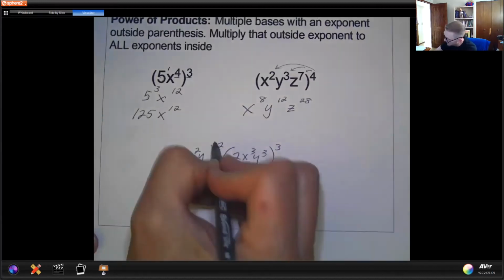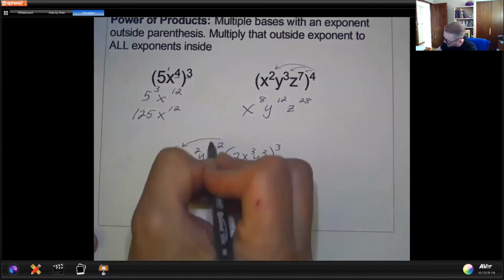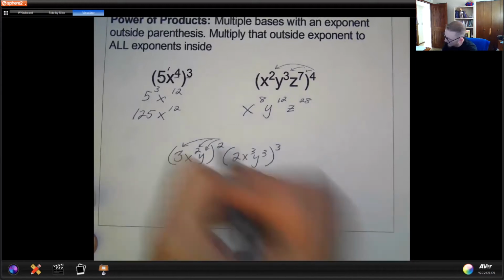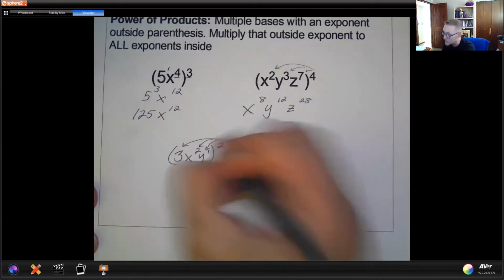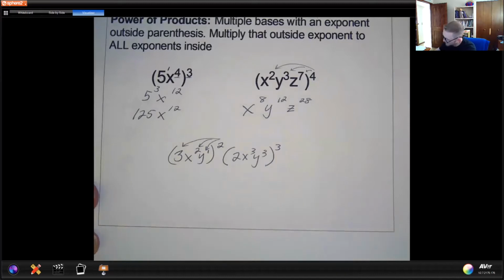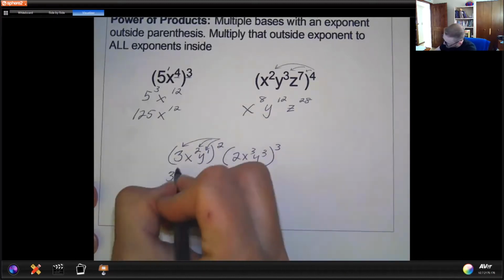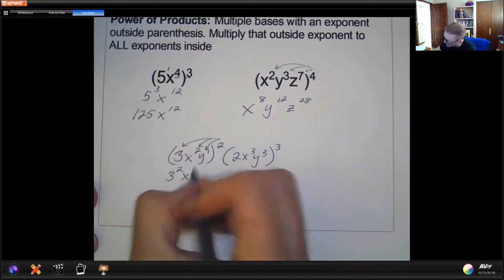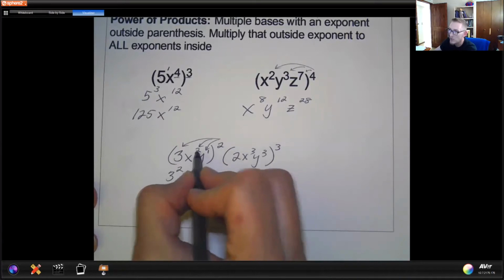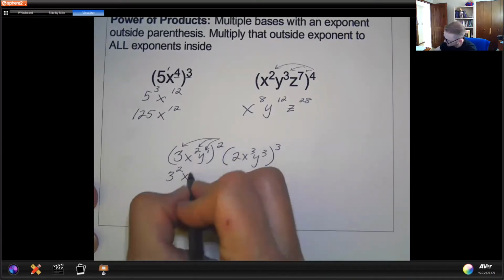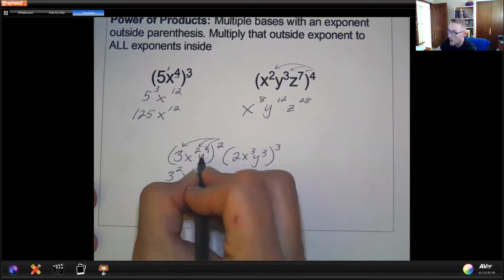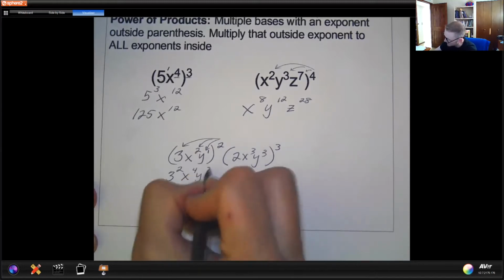So this 2 is going to get sent into the 3, the 2, and the y to the first. So this becomes 3 squared, x to the, remember multiply, 2 times 2 is 4, and then y to the second.